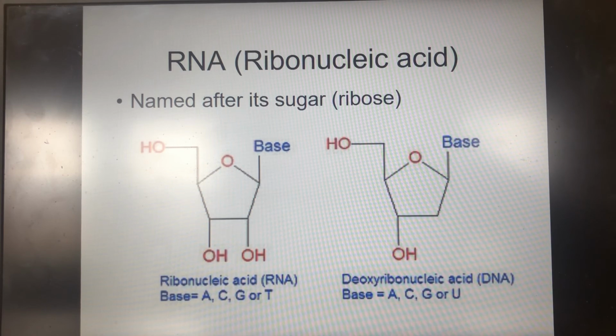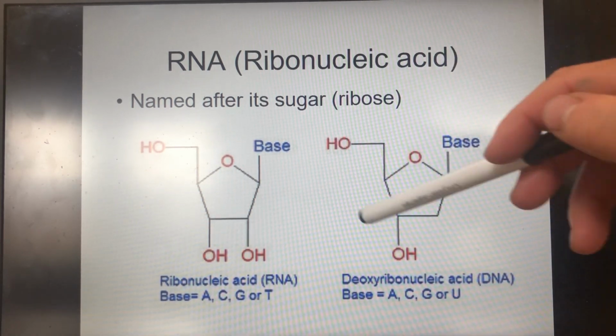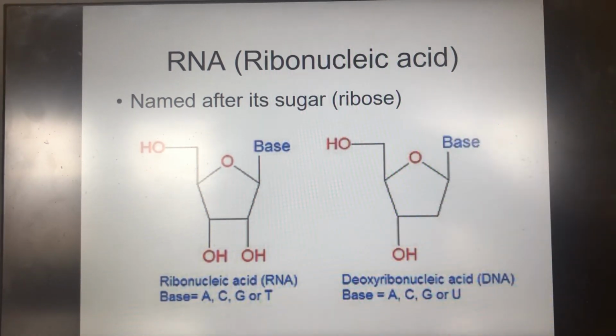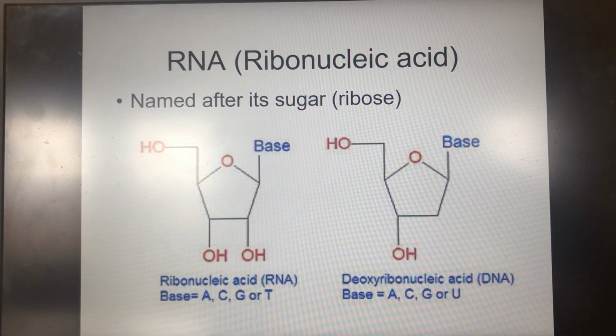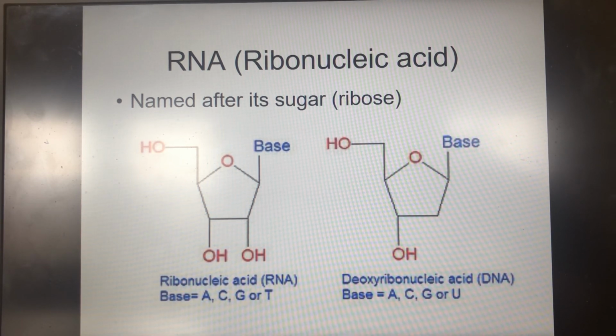But the big difference here is that DNA is made up of this deoxyribonucleic acid, this 5-carbon sugar, okay? You don't have to know the difference in looking at it, but you need to know that DNA is named after deoxyribose. RNA is named after its 5-carbon sugar, ribose.